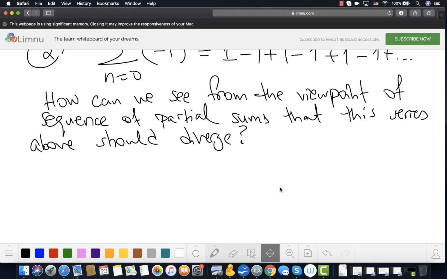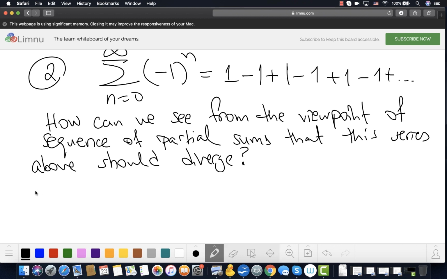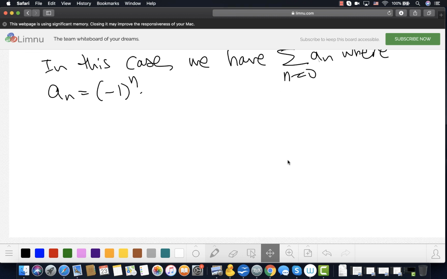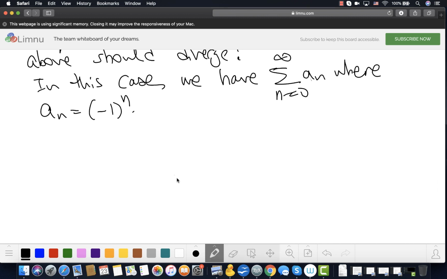So the sequence is -1 to the power of n. In this case, the series we have in mind is the sum from n equals 0 to infinity of -1 to the power of n, so it's of the form an, where the nth term is just -1 to the power of n. So let's compute the sequence of partial sums for this.